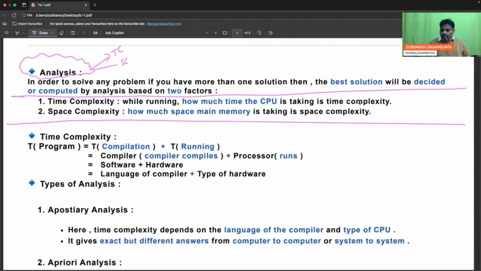Next, while running, how much main memory space your program is taking, that is called space complexity. Based on these 2, analysis will decide which is the best solution.